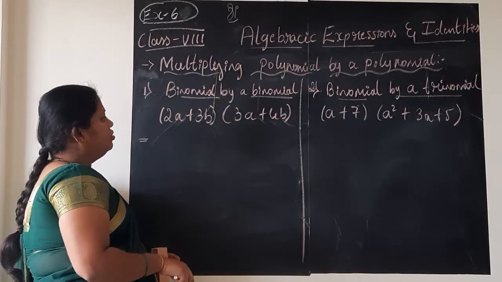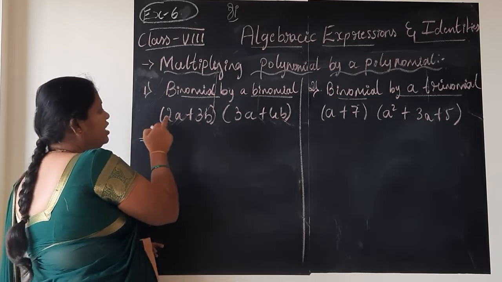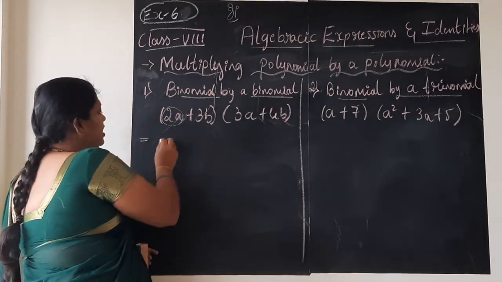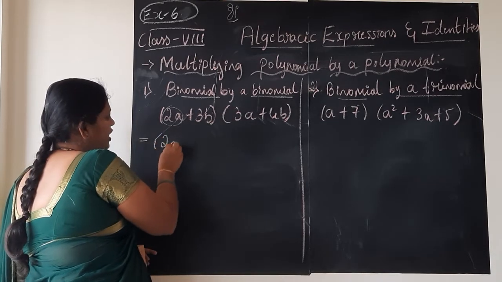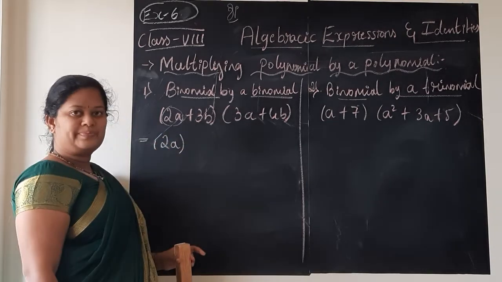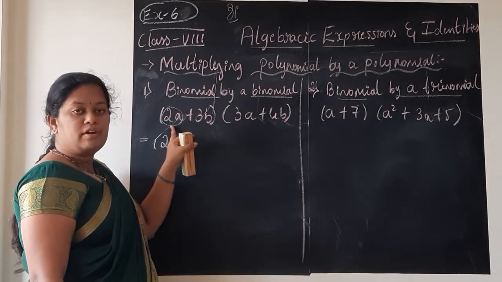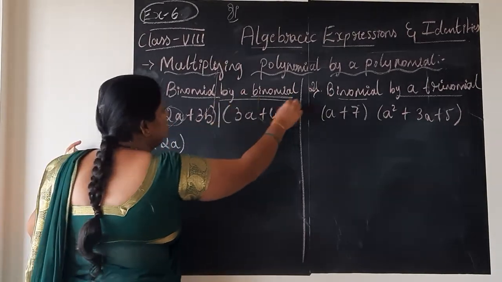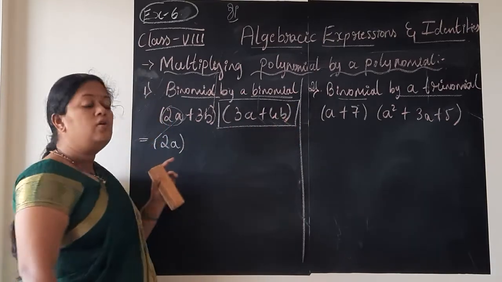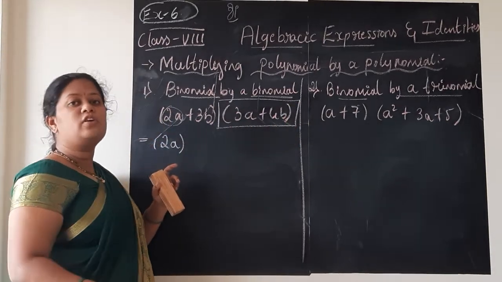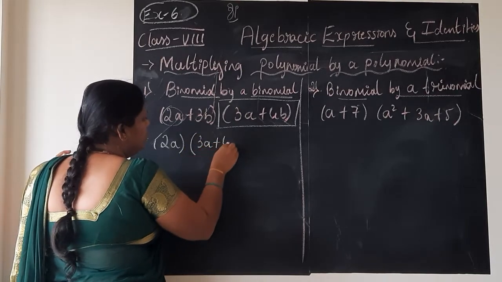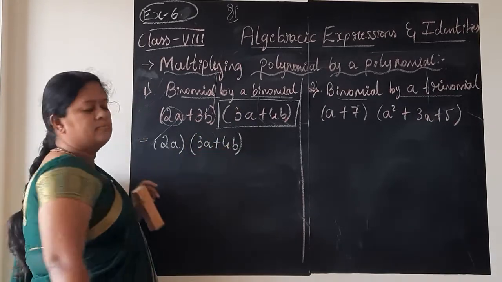Here what you need to do is, in this binomial, consider the first term in the binomial. That is, in bracket you will write 2a, first term of the binomial, into the whole second binomial, that is into (3a plus 4b).